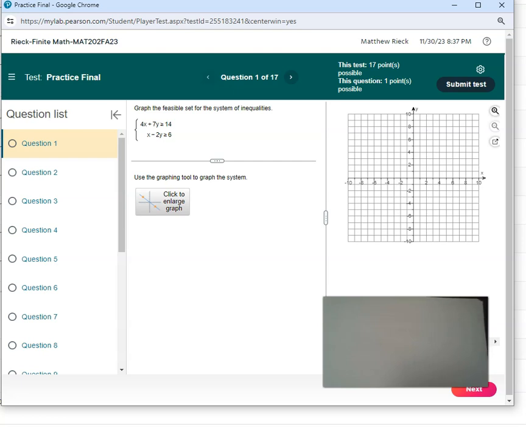The final is cumulative, so it covers everything from chapter 1 up through chapter 9, with I think chapters 5, 6, and 7 skipped. Yeah, I think we got 1, 2, 3, 4, 8, 9. This first one is looking at stuff from chapter 1, the feasible set. The feasible set are those values that match both inequalities.